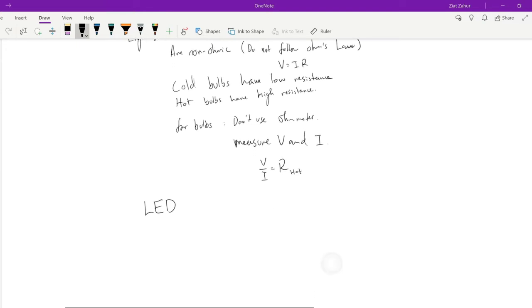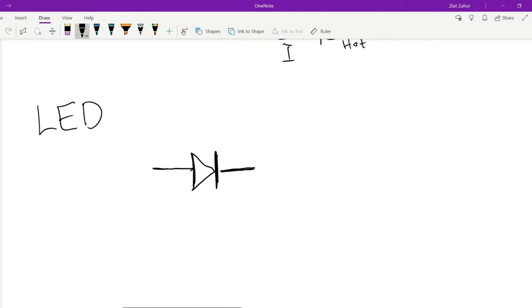So this thing has a symbol with an arrow and a line. This is the symbol for an LED, not a light bulb. The arrow tells you which way the current can flow, and the line tells you that if you go the other way, it's going to block it.